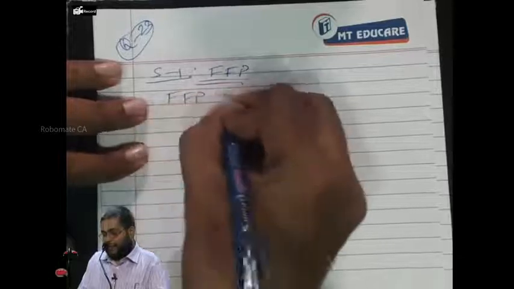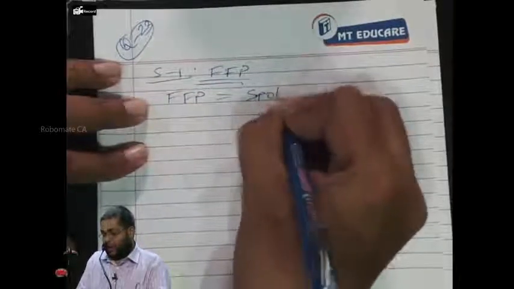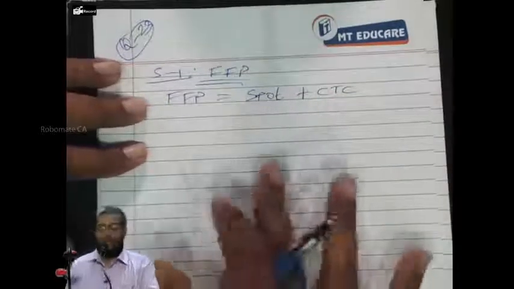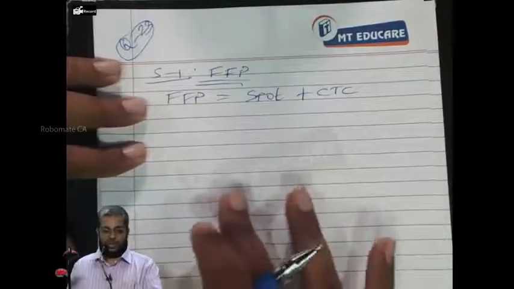Fair futures price is equal to spot price plus cost to carry. Fair futures price is equal to what? Spot price plus cost to carry.